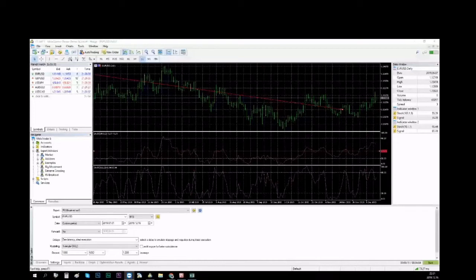Yeah, let's see if it'll work. I think TeamViewer is not so fast. Why is it not responding?